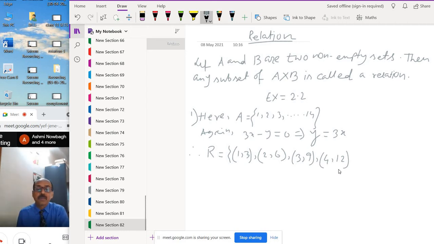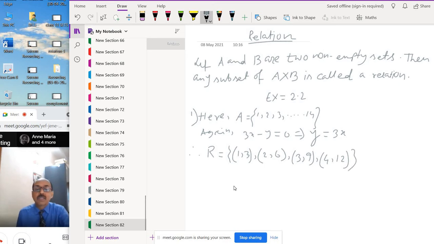Now if you take x equal to 5, then 3 into 5 is 15. But 15 is not present in the given set A. So up to this only. So you can take x as 1, 2, 3, 4 only, and y goes up to 12. We cannot take 15.